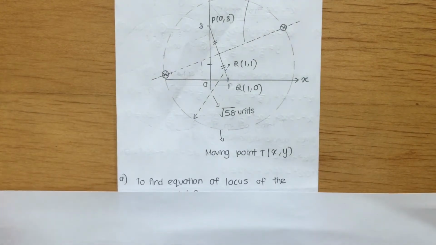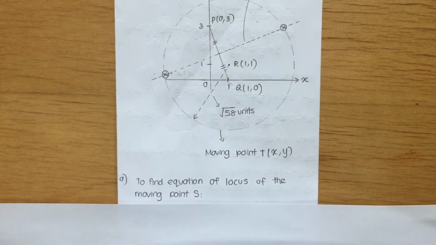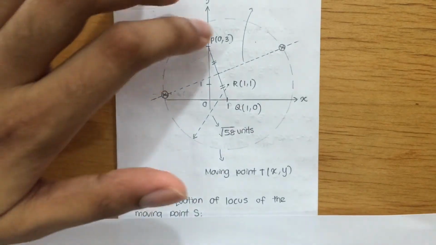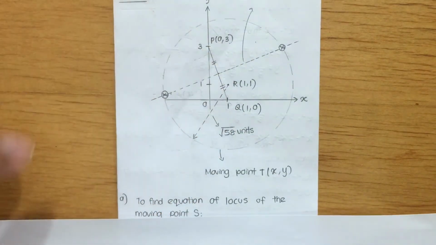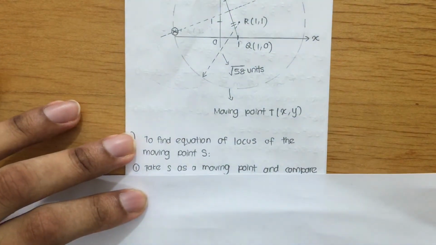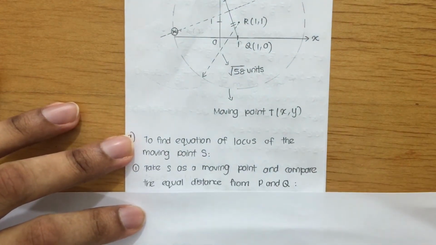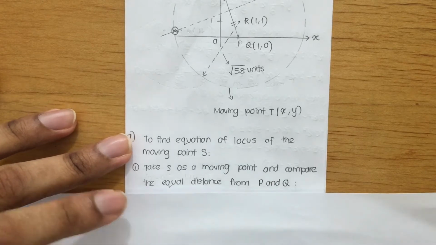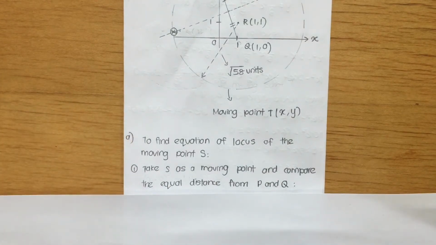To find the equation of the locus of the moving point S, we take S as a moving point and compare the equal distance from P and from Q. Usually when we want to calculate the distance, we always have a fixed point, so it's easier for us to calculate and then compare.